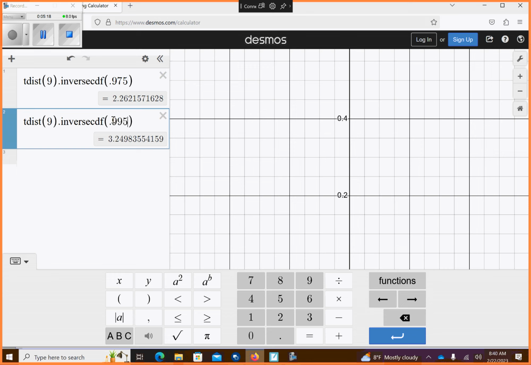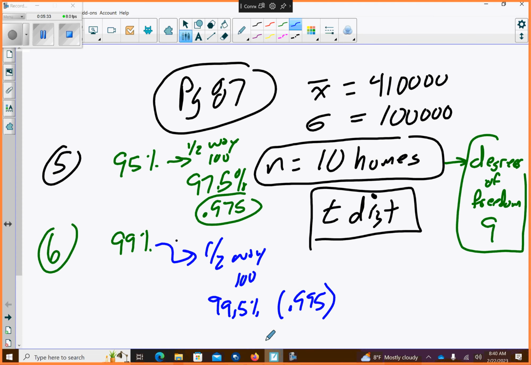So remember, the lesser percent of my confidence interval, the closer it's going to be to the mean. The higher my confidence interval, the further away it's going to be. Okay? So where should we go?